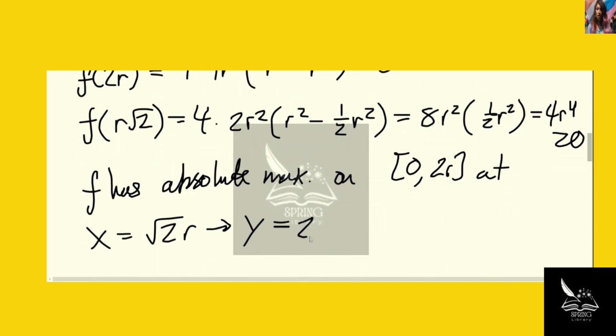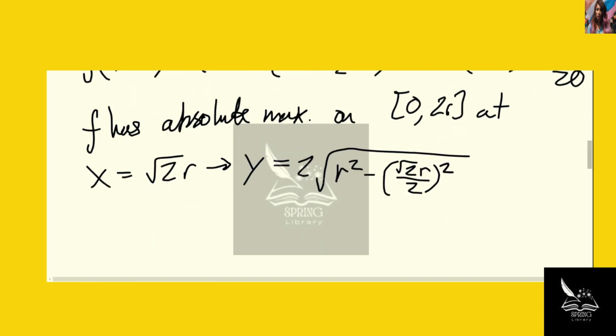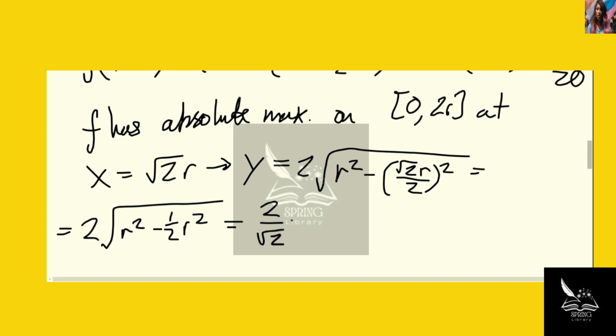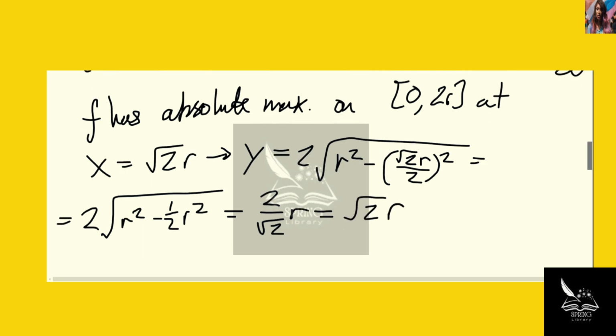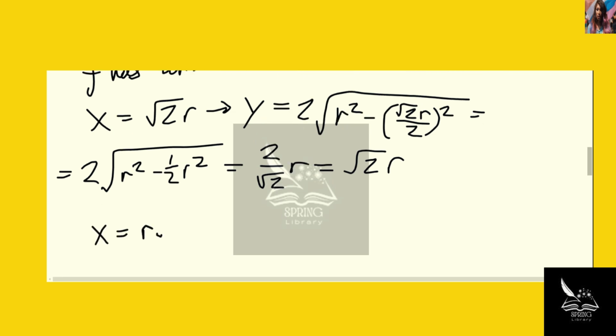So this is 2 times the square root of r squared minus (root 2 r over 2) squared, which is equal to 2 times the square root of r squared minus 1/2 r squared, which is 2 over root 2 times r, which is the same as root 2 r. Therefore, the dimensions are x equals r root 2 and y also equals r root 2.